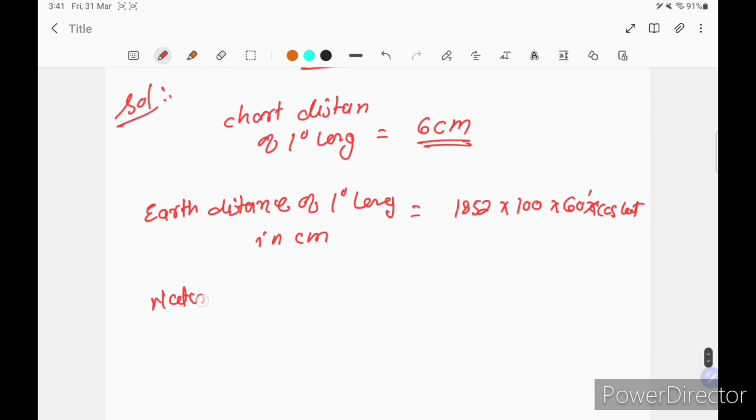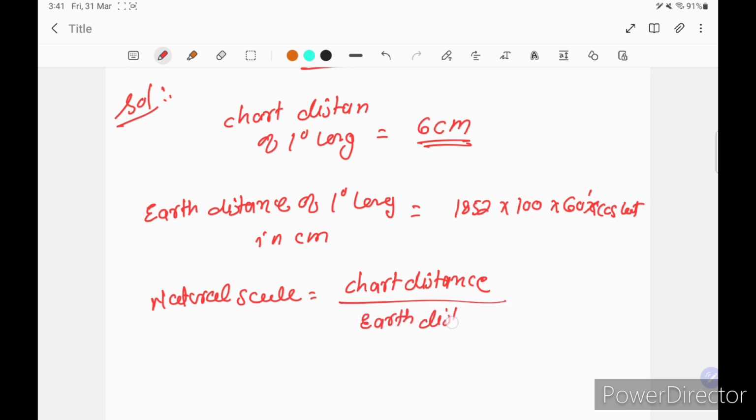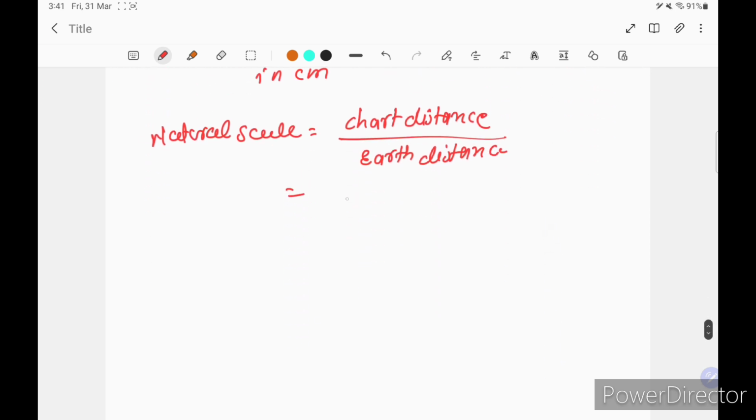What is the natural scale formula? Chart distance divided by earth distance. So put everything in the formula: 6 into 1852 into 100 into 60 into cos 55.